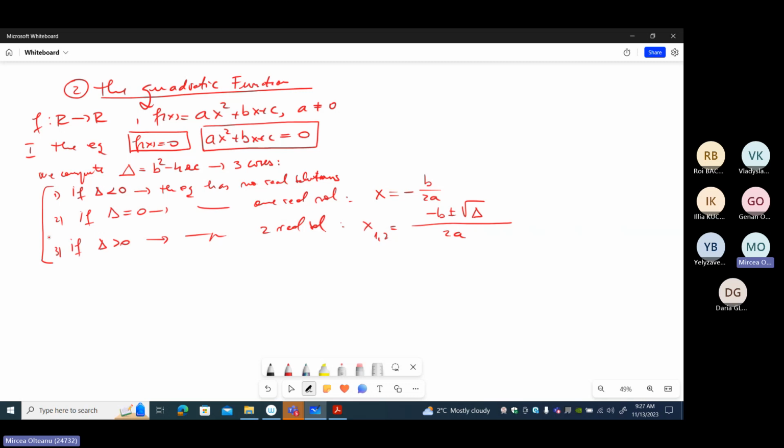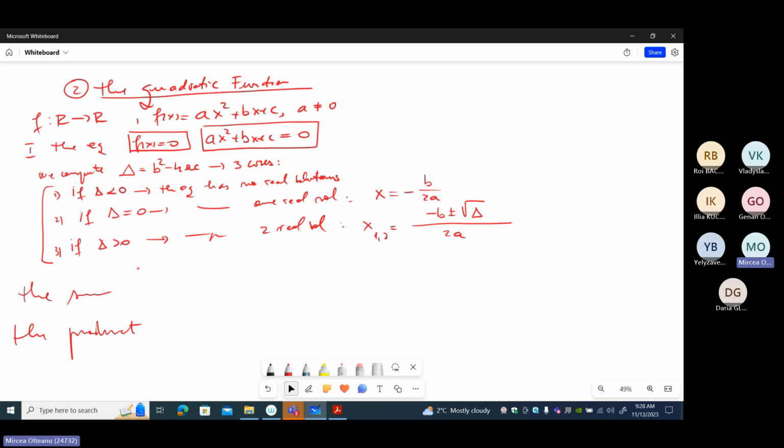There is also an additional fact: we can compute the sum and the product of the solutions without computing the solutions.